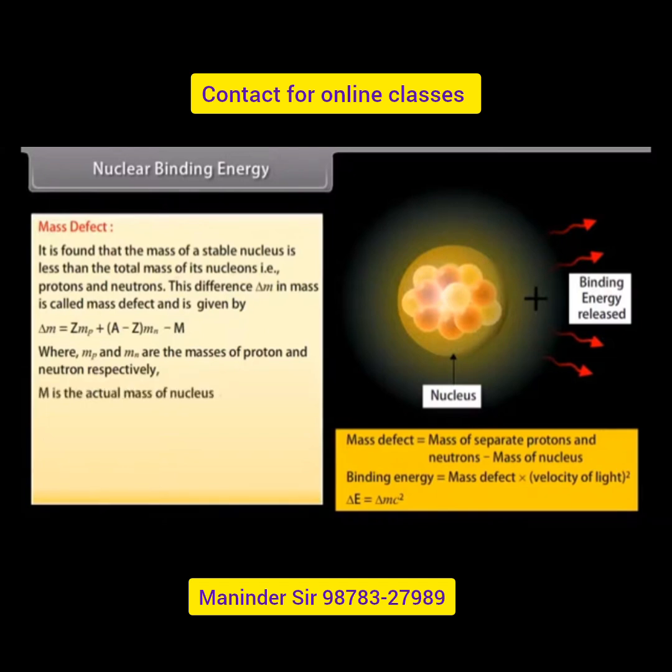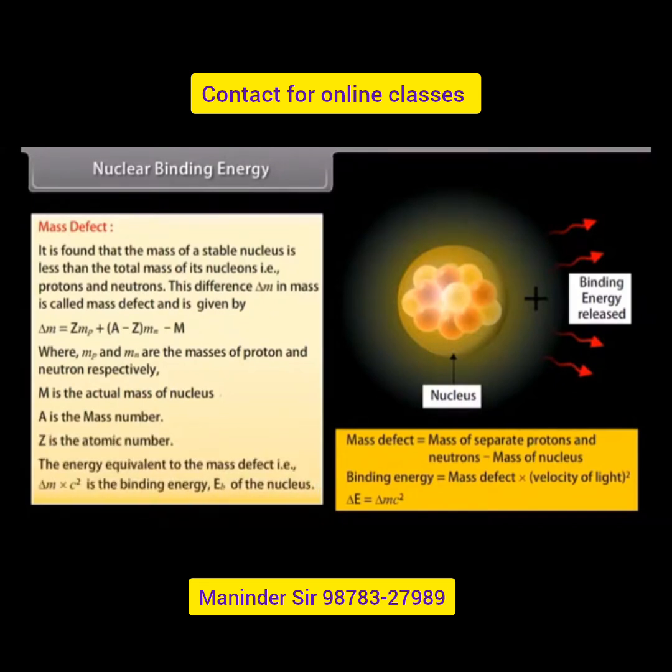M is the actual mass of nucleus, A is the mass number, Z is the atomic number. The energy equivalent to the mass defect, that is Δm c², is the binding energy, EB, of the nucleus.